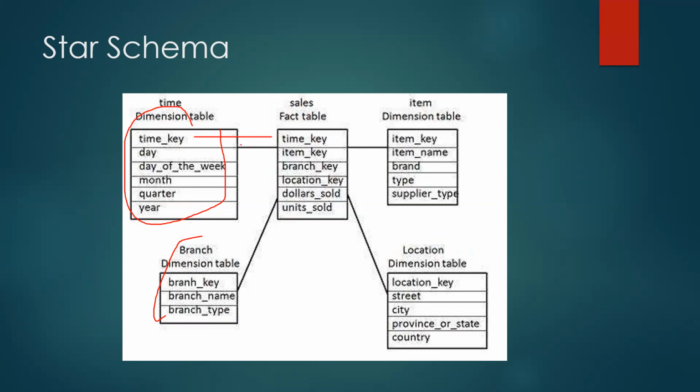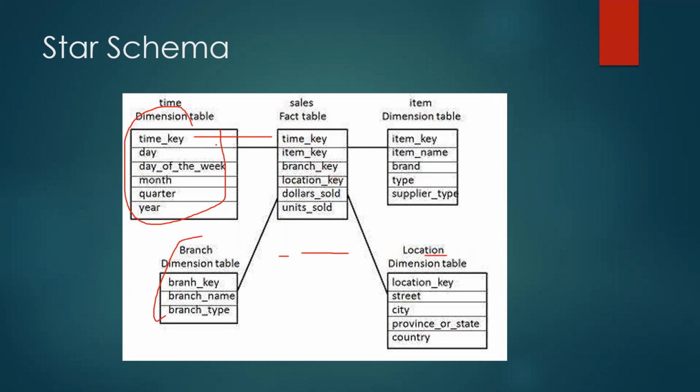So for example, if you see location, branch, type, and time, these are the dimension tables which have the actual data, and you have sales data which is a collection of all this data.